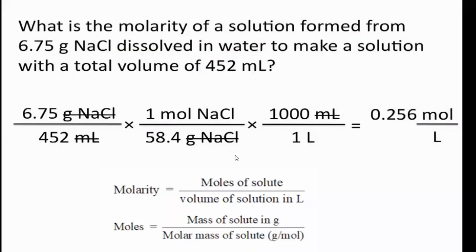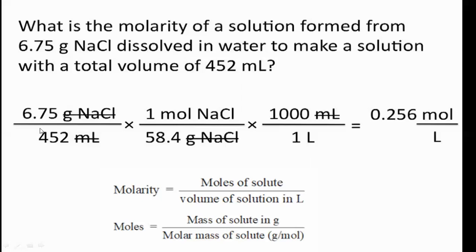And again, as explained in the conversion, I just use these two formulas. First, I calculated the number of moles, and then just the number of moles divided by the kilogram of the solvent to get the molality. Or you can also use this way of conversion to convert the gram into the moles, or the volume into the kilogram of the solvent.